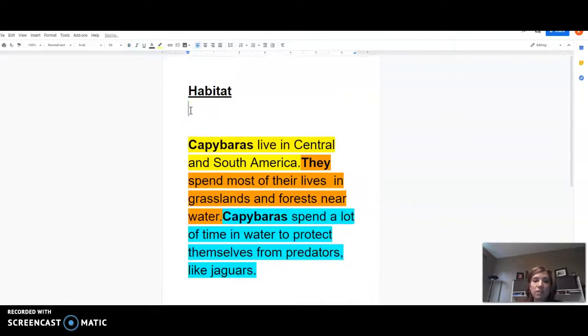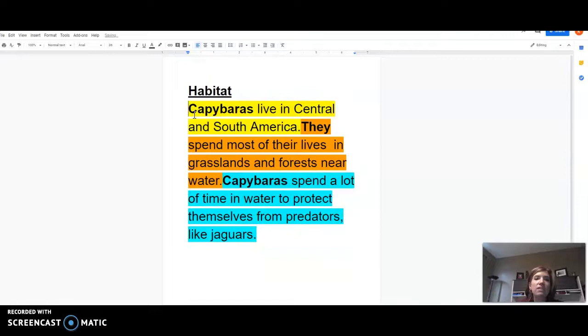Really super important. And if you're not using the paper that I provided because you don't have a printer at home, make sure that you have the heading at the top of each page, okay? And after you're done writing and including details about one heading, you would go on to the next heading.